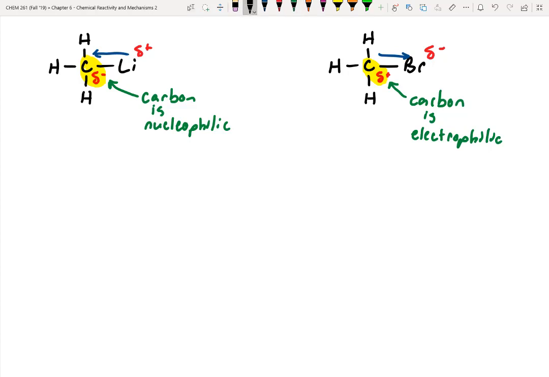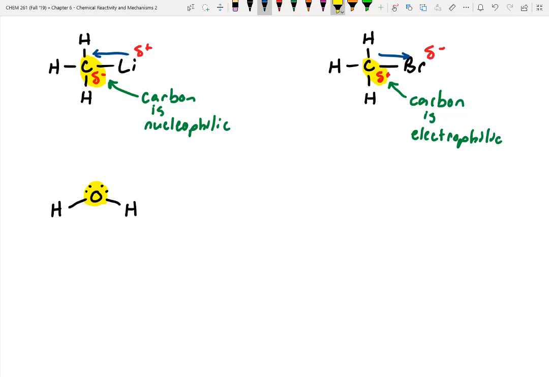All right, let's do another one. My question for you is, let's analyze the oxygen here. Do you think the oxygen is going to be nucleophilic or electrophilic? Nucleophilic, why?